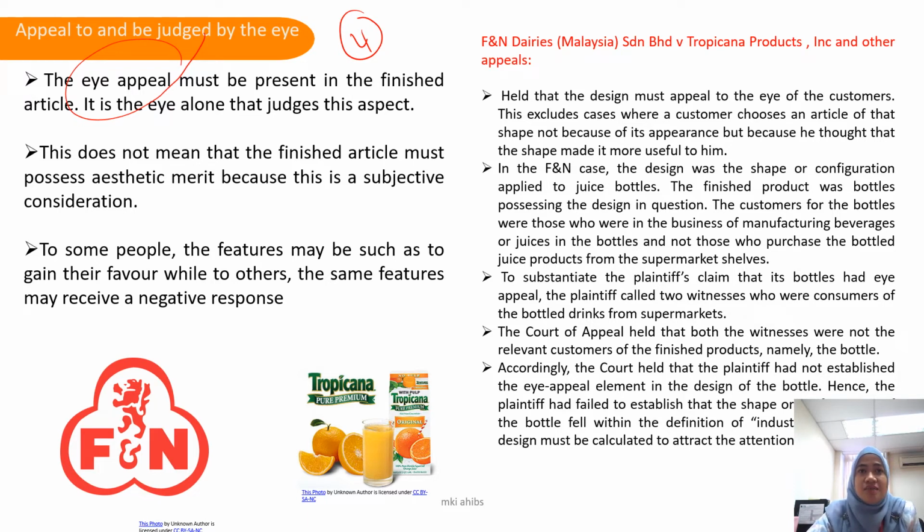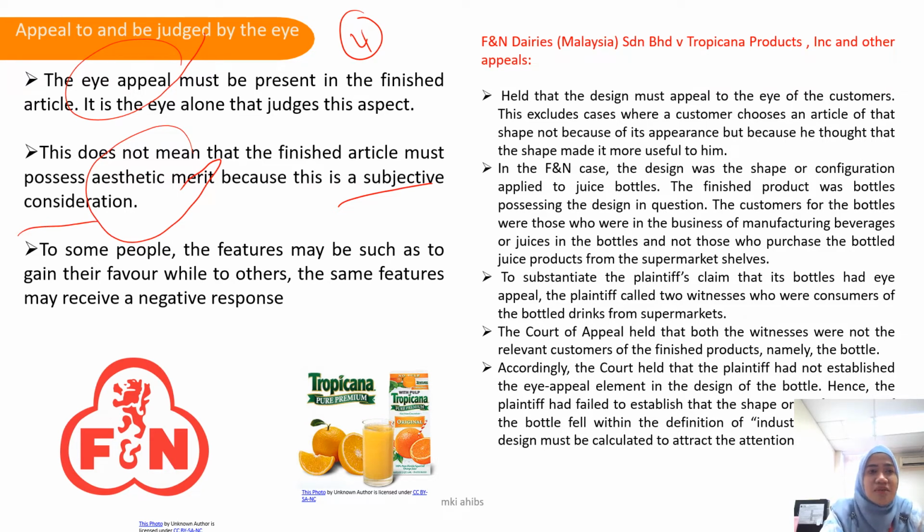But does this mean that the finished product must have an aesthetic value? It must have aesthetic merit? Okay, no, it's not like that. This does not mean that the finished article must possess aesthetic merit, because this is a subjective consideration. Beauty is in the eyes of the beholder.